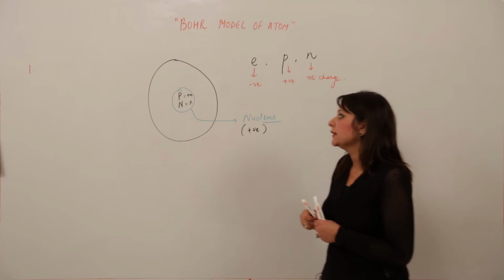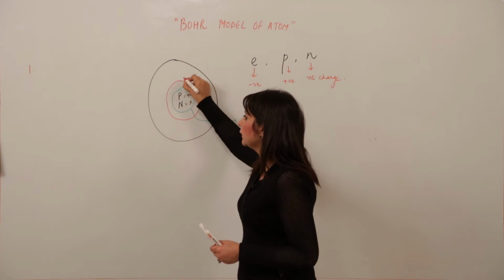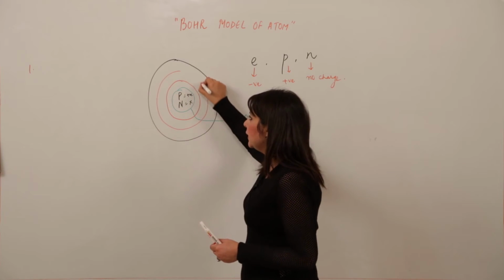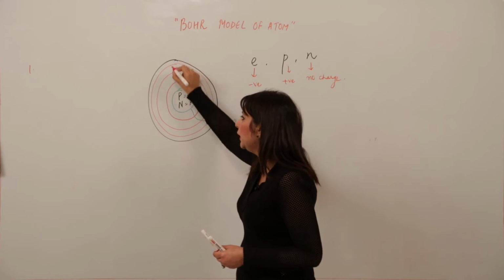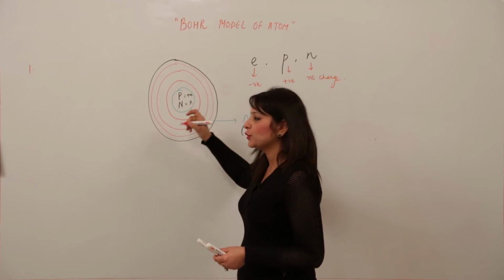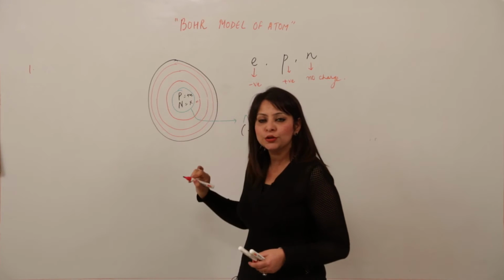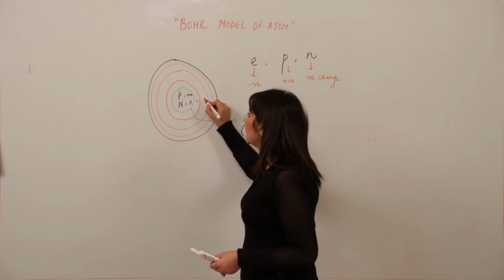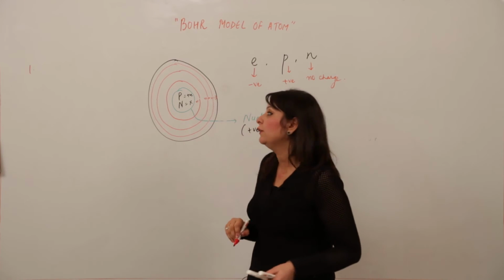Then he explained that outside the nucleus there are shells present. Shells can be as many as we can make. We name them: the first shell, which is closer to the nucleus, is written as 1, that means n. n corresponds to the number of the shell. 1, the second is 2, third is 3, and we can even use alphabets for that.